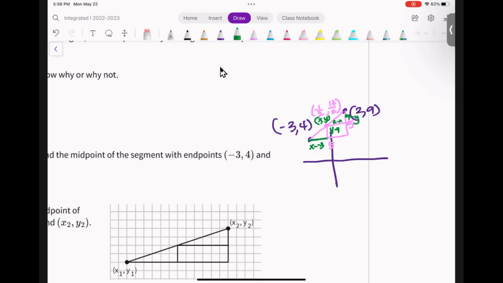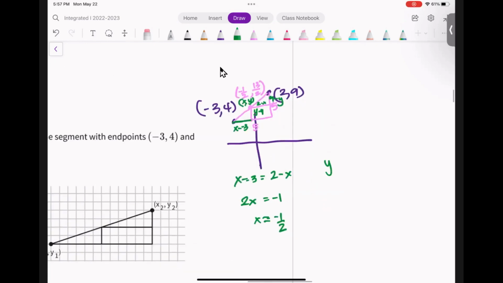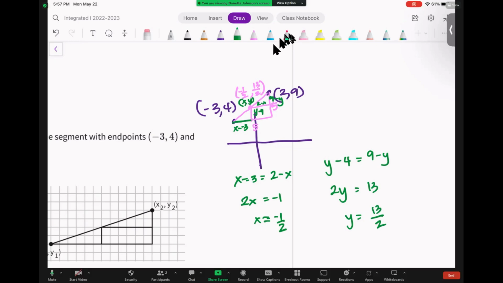And then if you would have solved those equations, x minus -3 equals 2 minus x, that would have been 2x equals -1, so x equals -half. That's correct. And then same thing goes here. We would have gotten y minus 4 equals 9 minus y. So 2y equals 13, y equals 13 halves. So yeah, we got the same exact answers, right? And it should be, right?